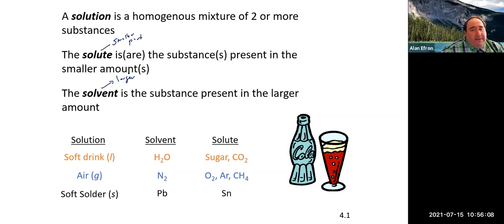I think we were talking about this in relationship to the difference between the liquid symbol and the aqueous symbol. A solution gets the aqueous symbol. As we talked about before, if you took something like pure water by itself, that does get the liquid symbol because there's nothing else there but H2O.